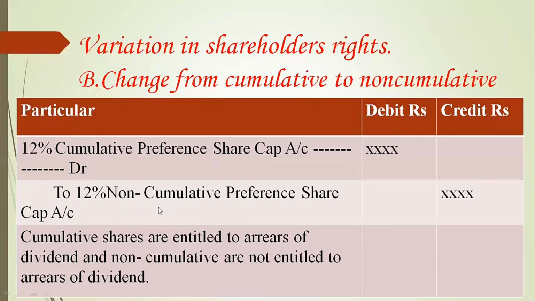What happens for non-cumulative? In the third year, they receive only 12,000, because non-cumulative means they are not entitled to the arrears of dividend. For the first 2 years, they are not entitled to dividend. That is why it is changing to non-cumulative, meaning arrears of dividend are not to be paid. So here we end our journal entries for variation in shareholders' rights.